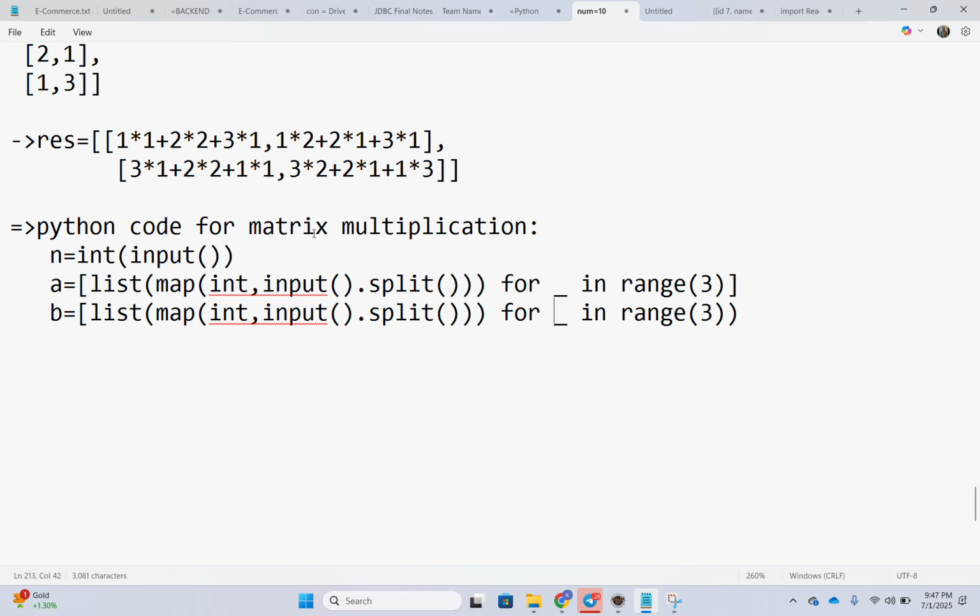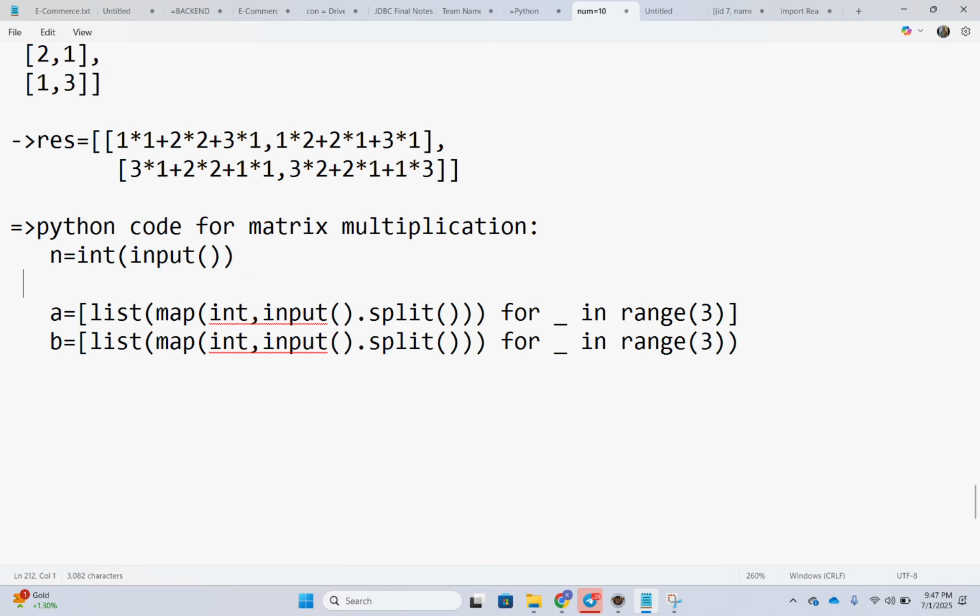Now both the codes are equal. Here print, enter the first matrix. I was typing without suggestion, so don't worry, I'll copy and paste.